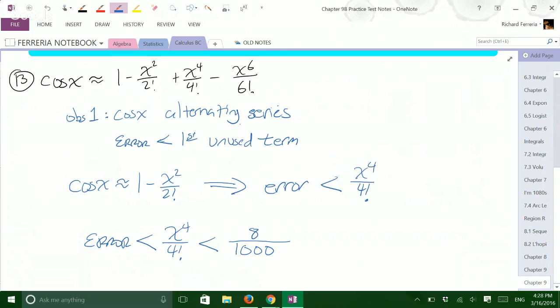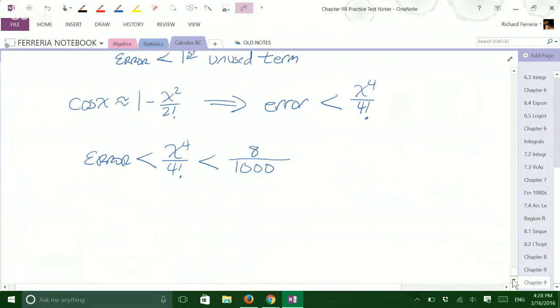Hey, we're pretty much done here, right? No, I mean, we're not done yet, but we're pretty much done. All we need to make sure is that x to the 4 over 4 factorial is less than 8 over 1,000. So for what values is that true? Well, you can divide by 2. That's 4 over 500, or 2 over 250, or 1 over 125. So x to the 4th over 24 should be less than 1 over 125.